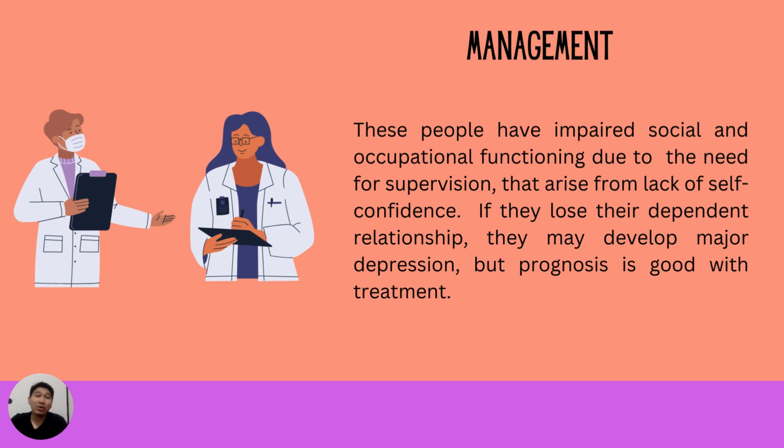Insight-oriented therapies may also help the individual to recognize their strengths or abilities. With the support from their therapist, the person becomes independent and self-reliant. As these people are more prone to suffer from anxiety or depression, anxiolytics and antidepressants will be helpful in managing their symptoms.